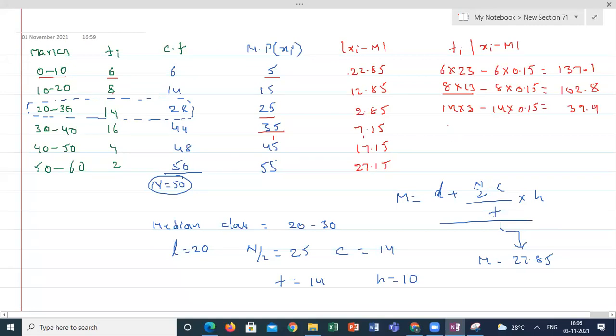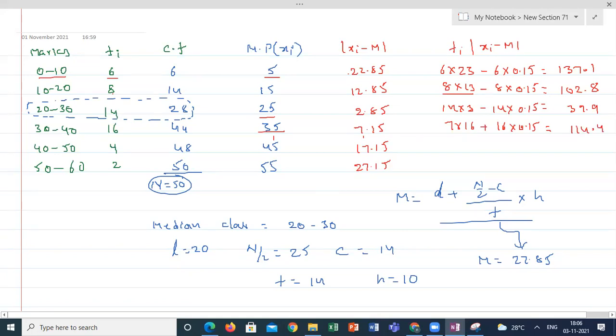When it comes to here, it is easy. 7 into 16 plus 16 into 0.15. 7 into 16 is 112. 112 plus 2.4, so 114.4, the accurate value.